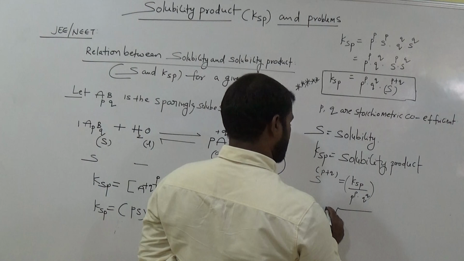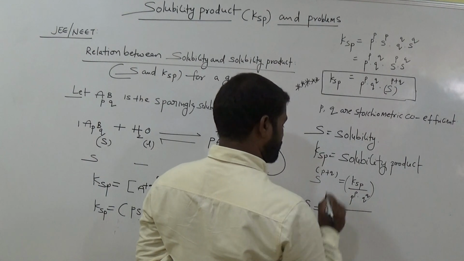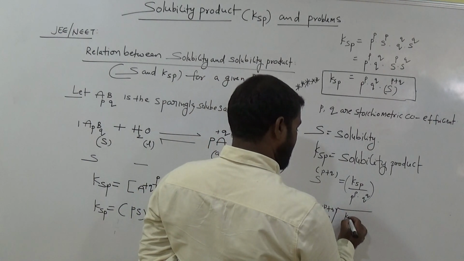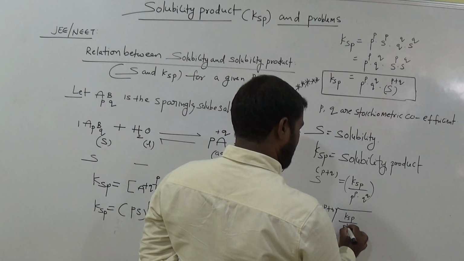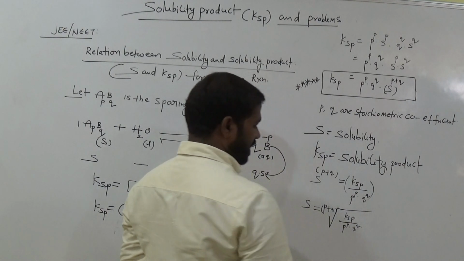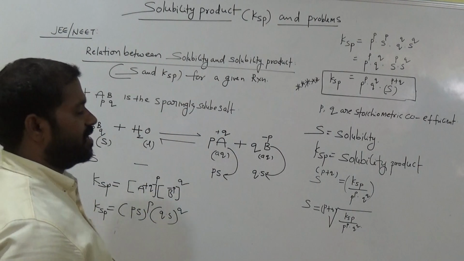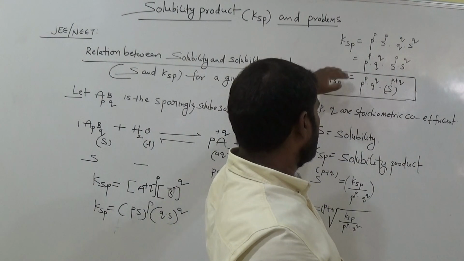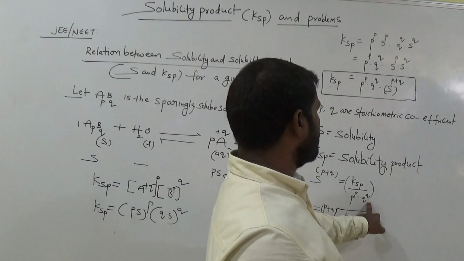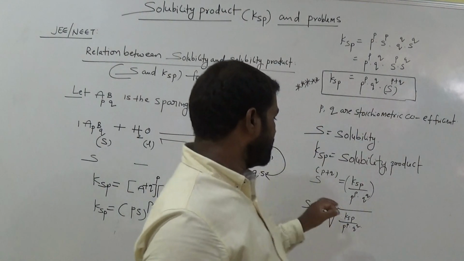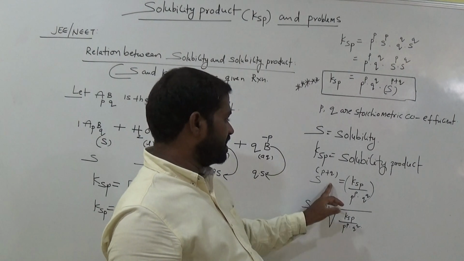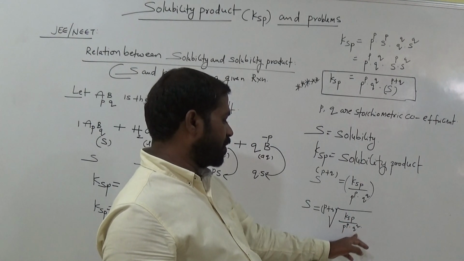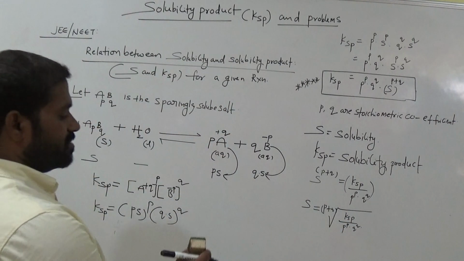The P plus Q root of Ksp by P power P, Q power Q. Am I right? From this, I need the value of S. Take this value as the denominator: Ksp by P power P, Q power Q. Now P plus Q power is there, so it goes to the right side. What happened? S is the P plus Q root of Ksp by P power P, Q power Q. Clear? Is it clear to all of you?